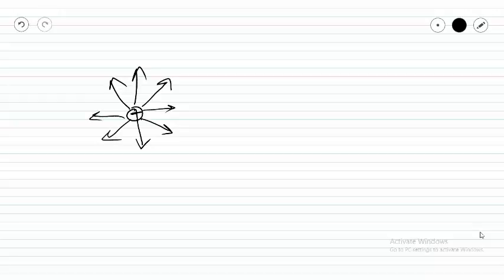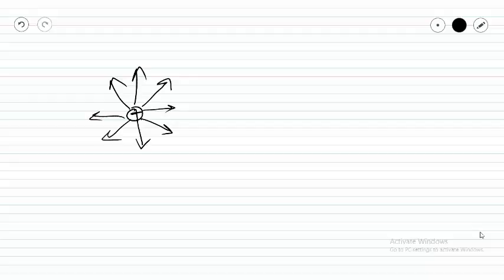When we draw a positive charge, we always draw field lines moving away from the positive charge. So this is what we draw in general, and we say that this is the field due to this positive charge.